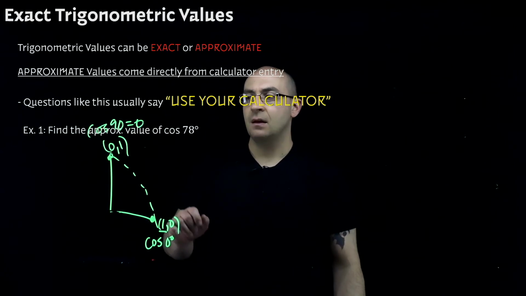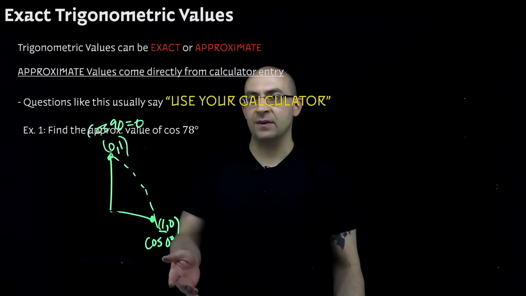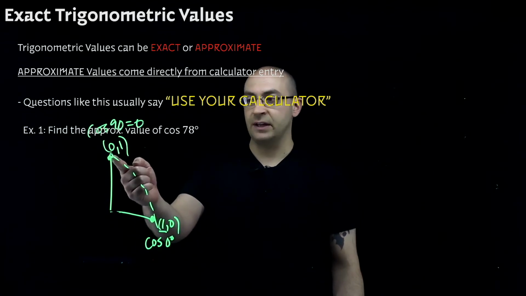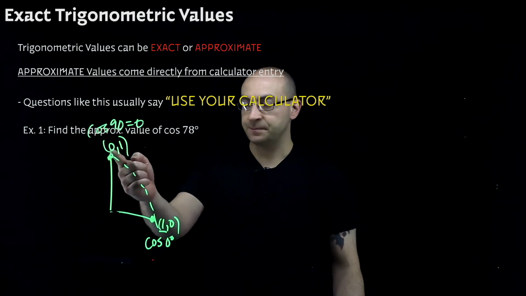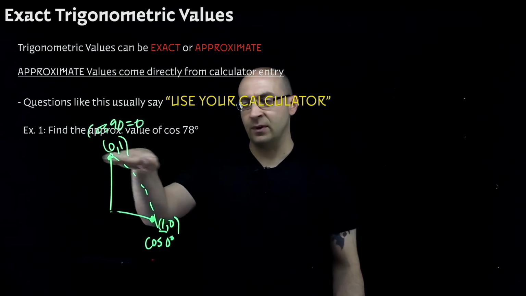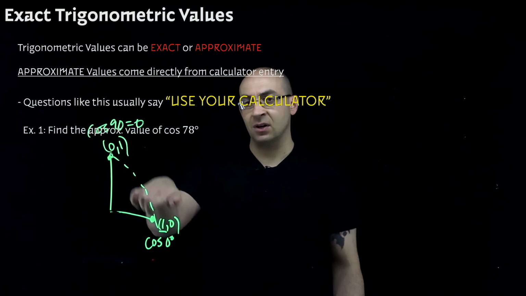Basically what I'm doing is trying to find where the x value is along this continuum. The x value at 0 degrees, this point right here, is 1. The x value, or cosine value, at 90 degrees is 0. Everything in between, from a horizontal standpoint, are x values along this curve or arc somewhere.